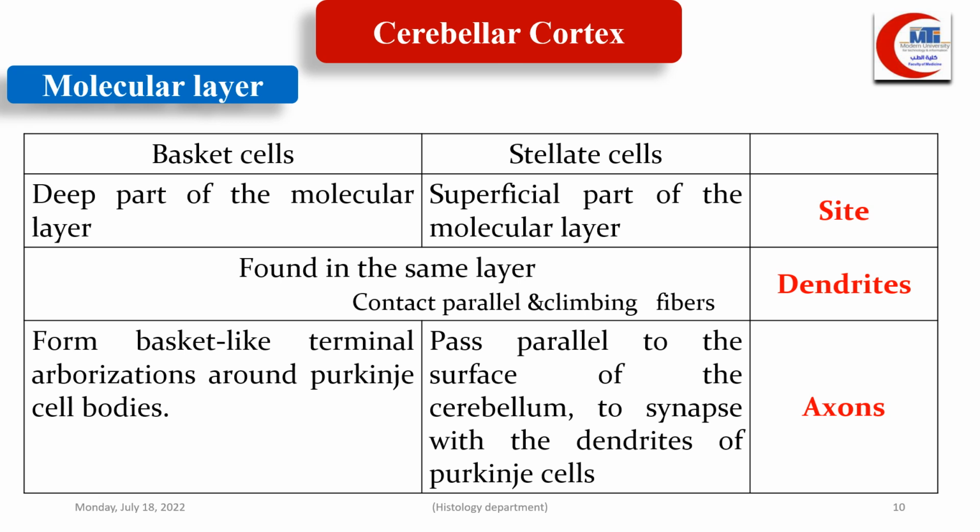What about the difference between the cells of the molecular layer, which are basket cell and stellate cell? Number one, as regards the site: stellate cell is present superficially, at the superficial part of the molecular layer, but basket cell is present in the deep part of the molecular layer.